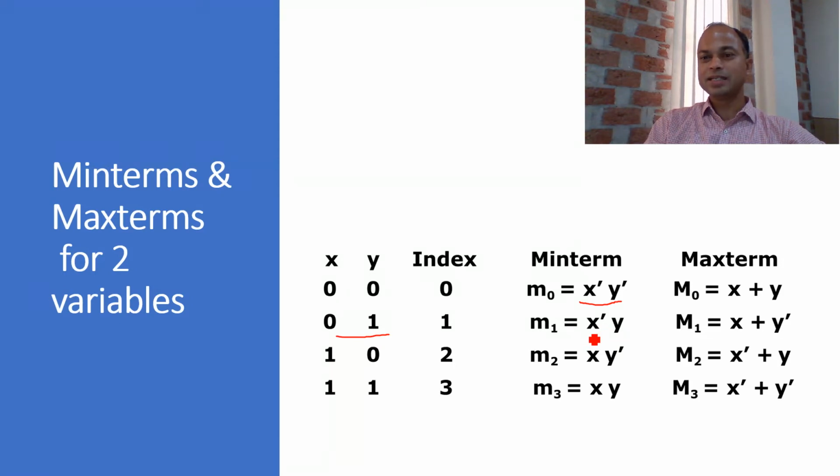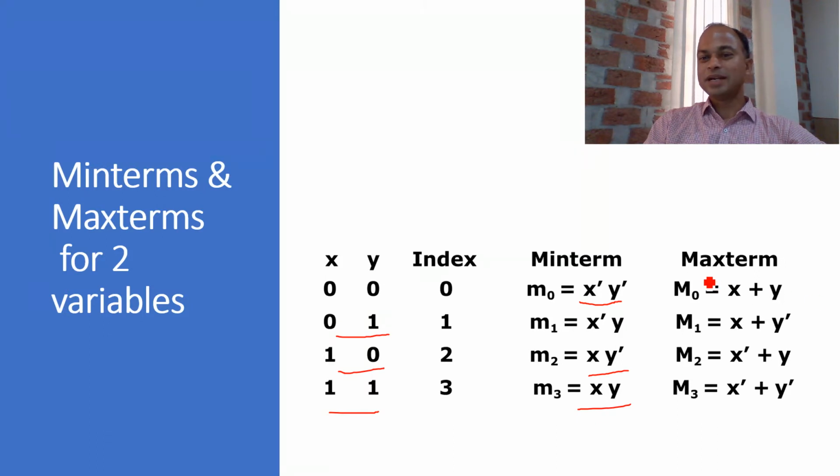X dash means we have 0, so x dash will be converted into 1. Every term should consist of 1 here. Similarly, if we have 1, 0, we write x y dash. Now, if the variables have values 1 and 1, we write xy.